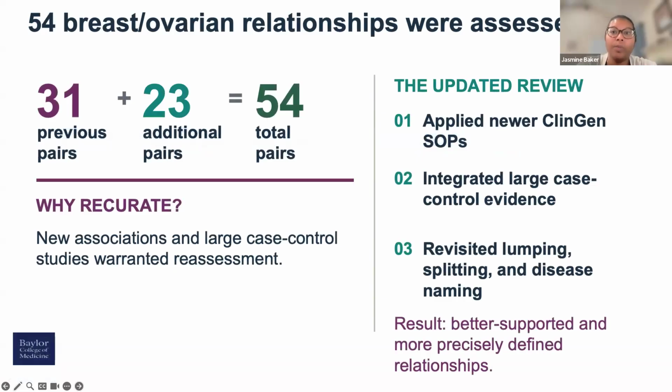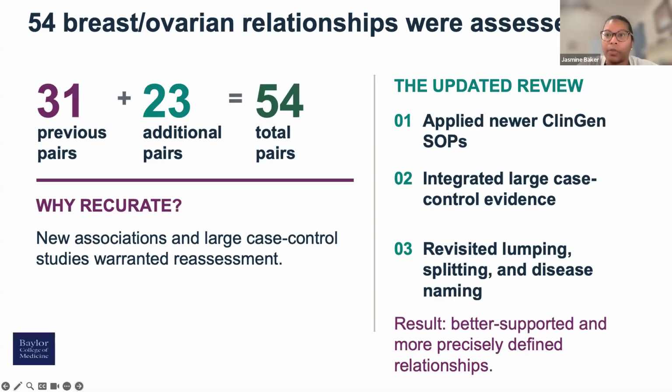So in total, this part of the review assessed 54 breast and ovarian cancer relationships. 31 of those relationships were previously evaluated from that 2019 study, plus an additional 23 pairs. So these additional pairs came from assertions from a genetic lab test or that were in the literature.